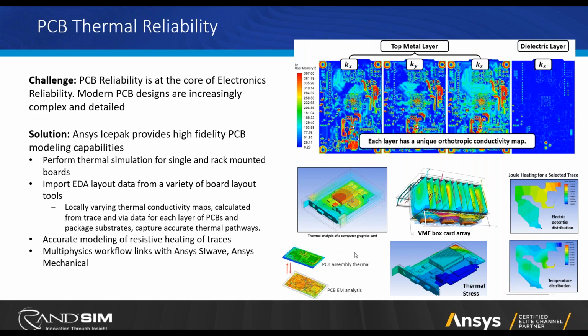The joule heating is modeled, along with convection and conduction. And then you get back into your PCB tool, that would be SIwave in this case, thermal information, which SIwave takes into account for various electronic parameters.